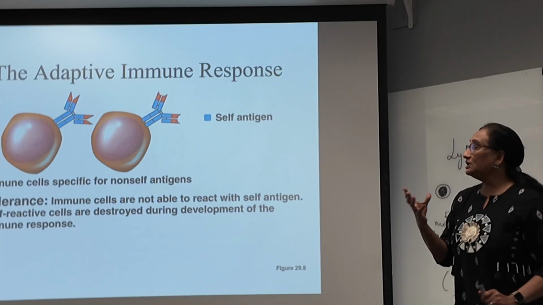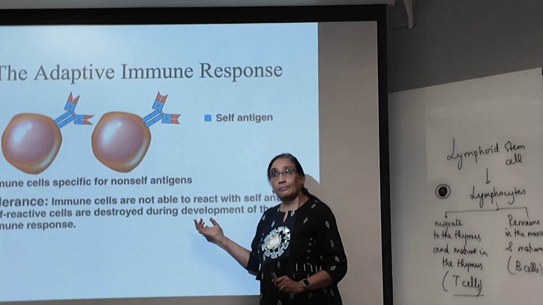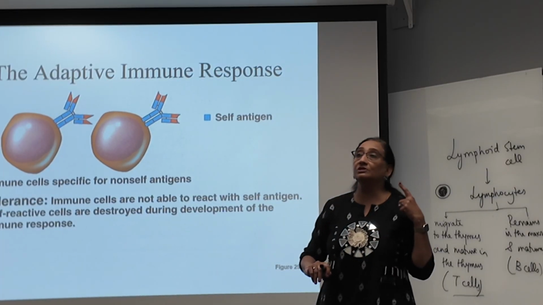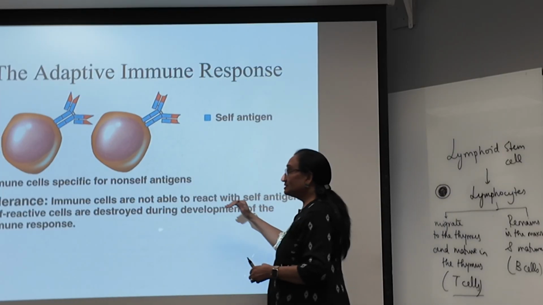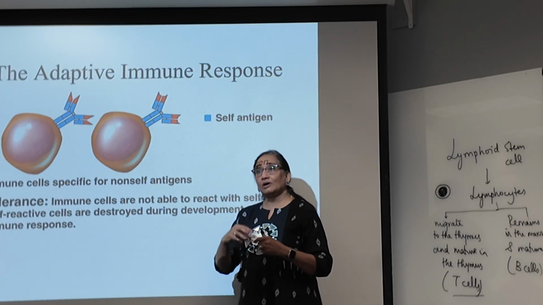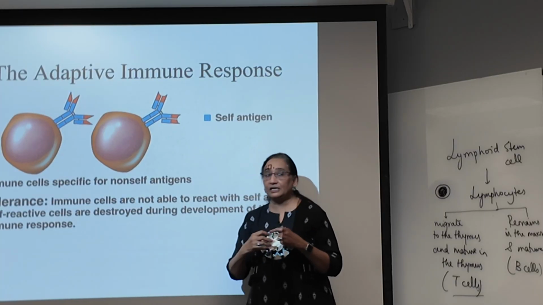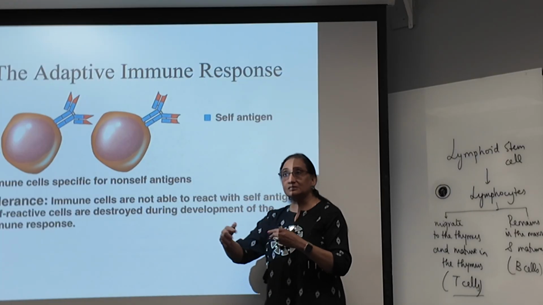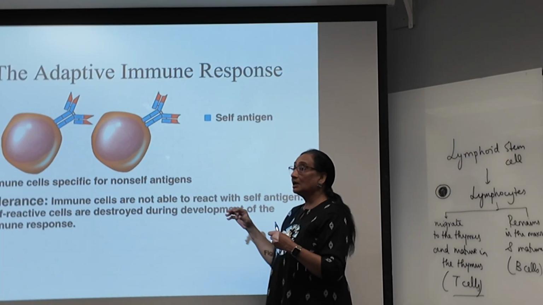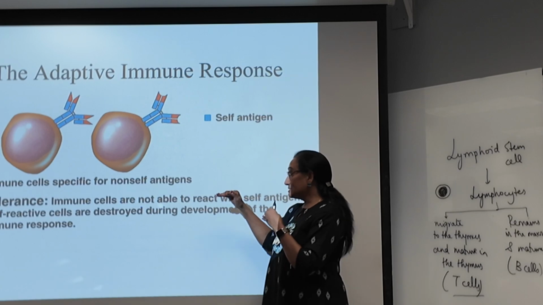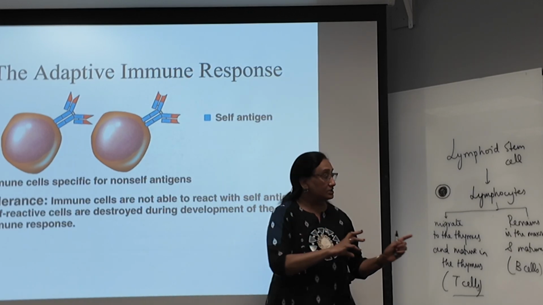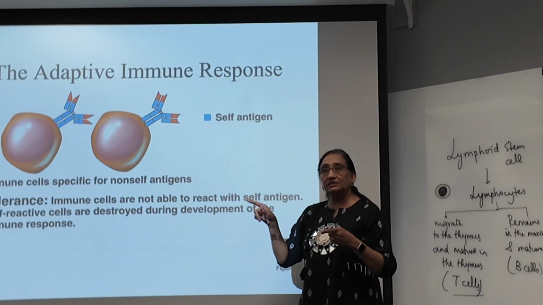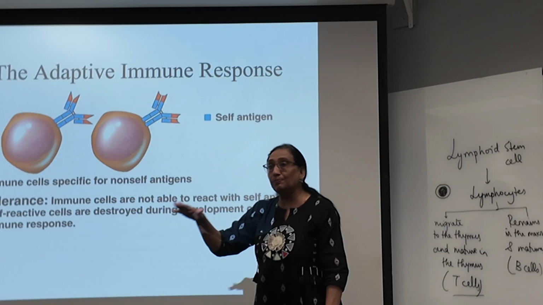We still are not completely sure as to how this happens, because all of this happens at the fetal stage itself. Even before the baby is born, this happens. As these lymphocytes are being formed and as they mature after the baby is born and is exposed to the different types of antigens, any T lymphocytes or B lymphocytes which are capable of recognizing a self-antigen and destroying it, those cells are completely knocked off.